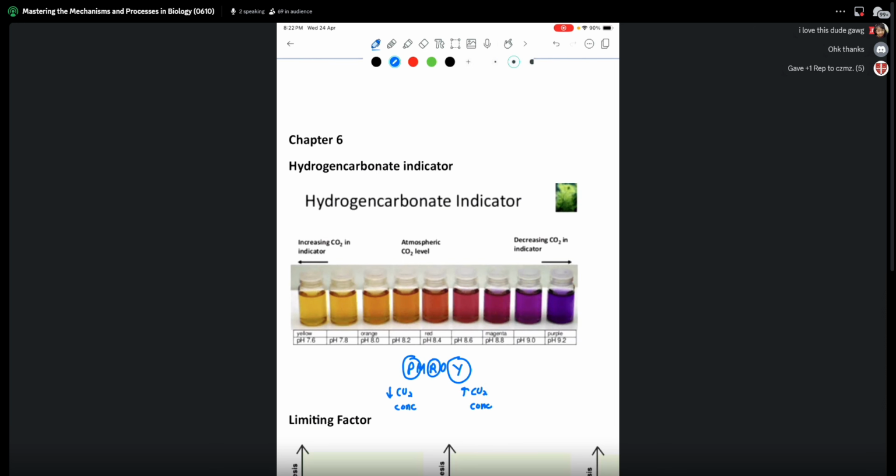Red is usually the center, or maybe orange. Remember this, because definitely they're going to ask you some questions on paper 6 or maybe paper 2, when the plant is trapped in a particular test tube where there's no sunlight, how would the hydrogen carbonate indicator change, something like that.